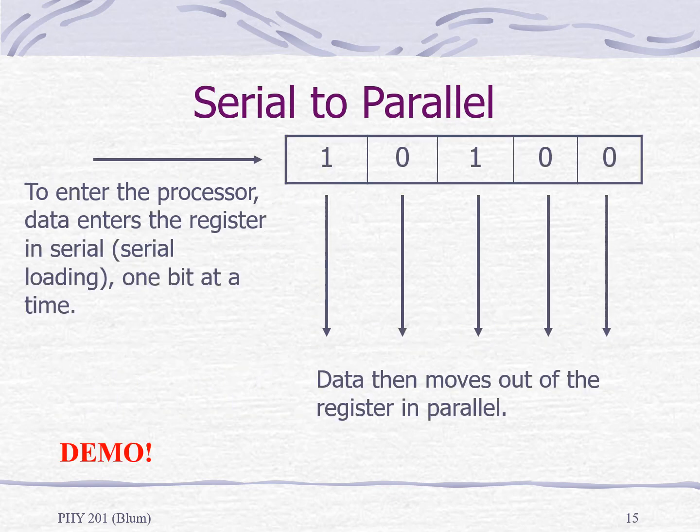To get the data off of the transmission line where it is serial and then into the processor where it is in parallel, you would use a serial loading shift register. So the bits would come in 1 at a time. You would be shifting the data in, and then when you have the full word of data, something could come along and read it, and so the data would move out in parallel.